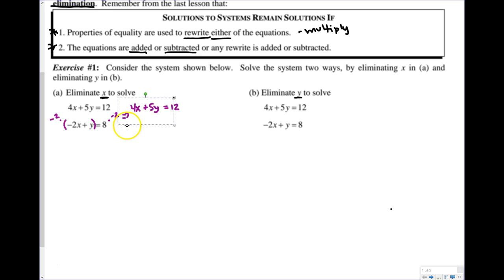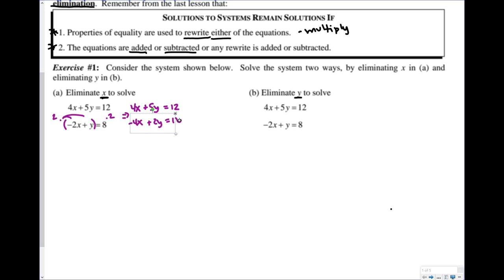In the bottom equation, I distribute the 2, so I get negative 4x plus 2y equals 16.